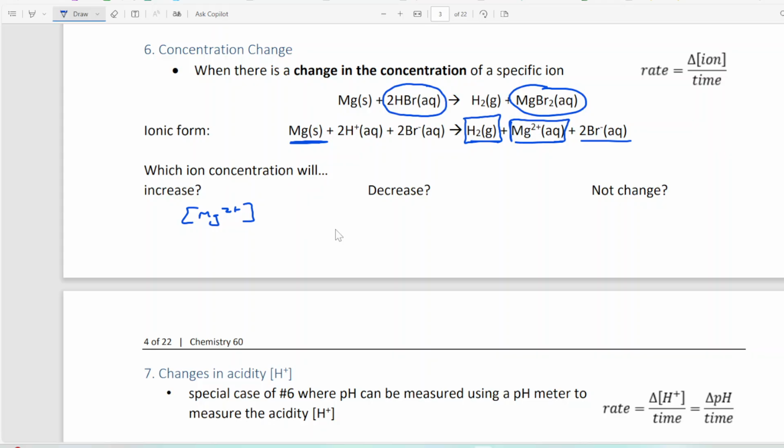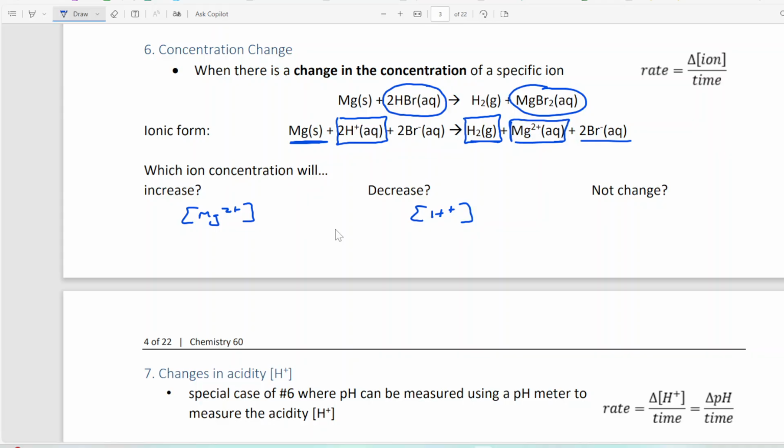Hydrogen gas is evolving, but it's starting as a hydrogen ion on the left-hand side. So the concentration of hydrogen ions would decrease over time. So if we had a way of monitoring the concentration, either using a spectrophotometer type idea, or maybe titrating your solution, or maybe number 7, we could monitor the concentration of magnesium over time. The magnesium ion should increase and the hydrogen ion should decrease.